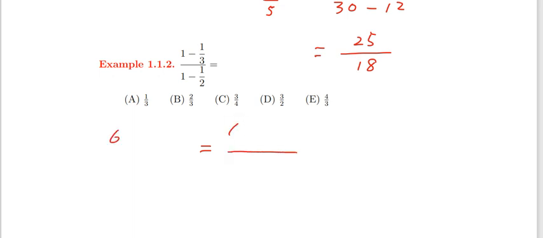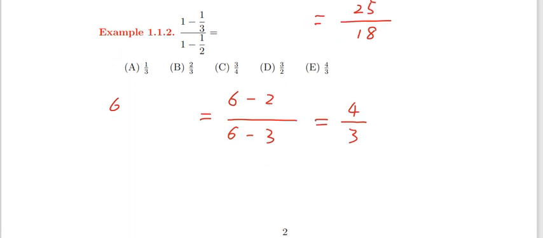So this is 6 minus 2, 6 minus 3, right? Just multiply by 6. Okay, so we can get this equal to 4/3. So this is the way to simplify complex fractions.